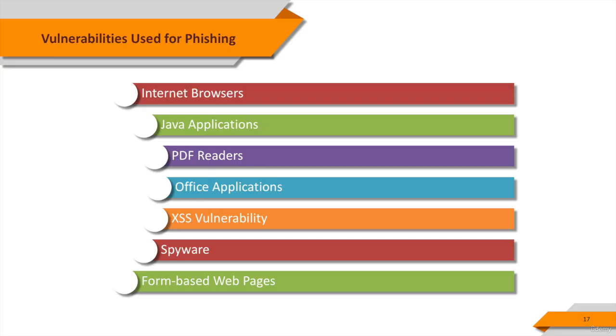You can use the vulnerabilities of web browsers, Java applications, Office documents, web applications to compromise the target systems. Use some realistic scenarios to get the victims to run the malicious software, or prepare malicious websites and deceive the victim to visit these websites so you can collect the sensitive data from the victims.